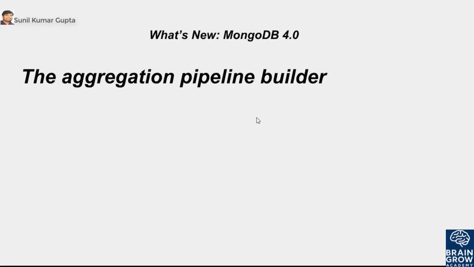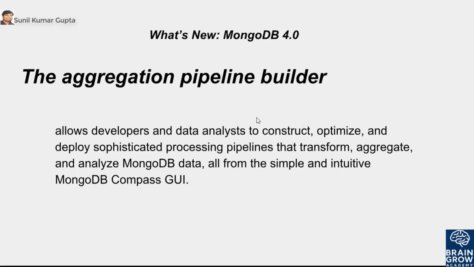Next one is aggregation pipeline builder. So aggregation pipeline builder allows developers and data analysts to construct, optimize and deploy sophisticated processing pipelines that transform, aggregate and analyze MongoDB data, all from the simple and intuitive MongoDB Compass GUI. So MongoDB Compass graphical user interface is where we can transform our MongoDB data, analyze our MongoDB data, and do lots of aggregation.